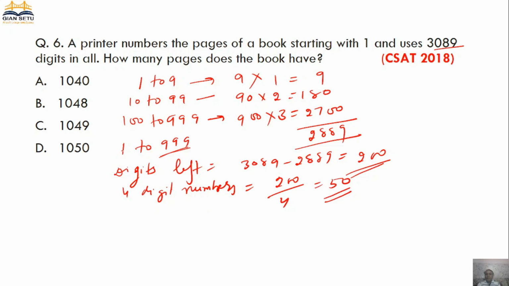We have already printed 1 to 999 with 2889 digits, and for printing the next 50 numbers, we use 200 digits. So in total we print up to 999 plus 50, it will be 1049. So 1049. So the right answer is C here.